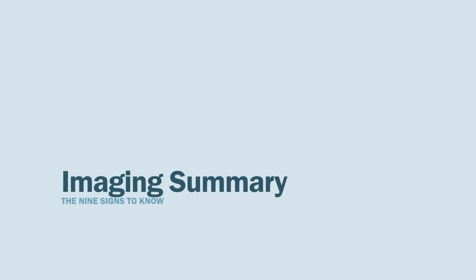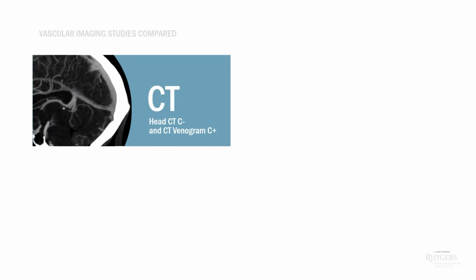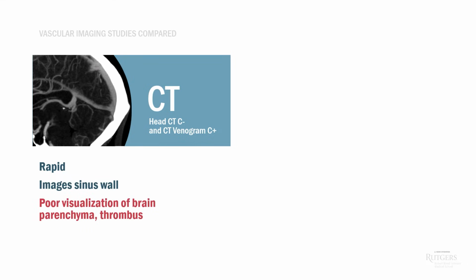Well, that was a lot of information, so let's summarize. Non-contrast head CT and contrast-enhanced CT venography are rapid, so they're generally suitable in an emergency, especially with non-cooperative patients. CT venography images the sinus wall, which can help differentiate thrombus from hypoplasia, but brain parenchyma and thrombus are better visualized on MRI.